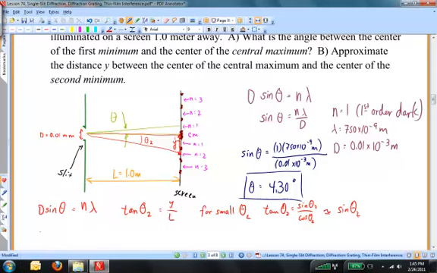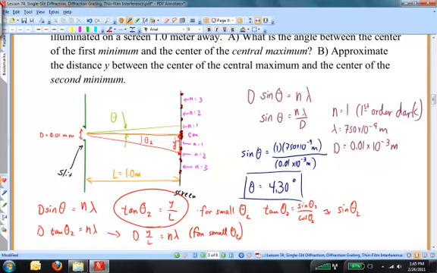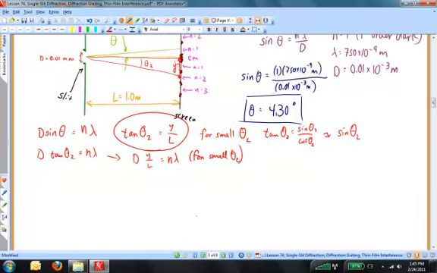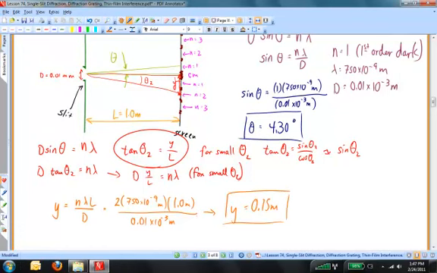So I want to make the approximation that d times the tangent of theta 2 is equal to n lambda, and since the tangent is equal to y over L, then d times y over L is equal to n times lambda, again for small theta. With that said, let's solve that equation for y, and let's make our substitutions. And now I'll substitute those numbers into my calculator, and I get the second minimum occurs at y is equal to 0.15 meters, which is 15 centimeters.